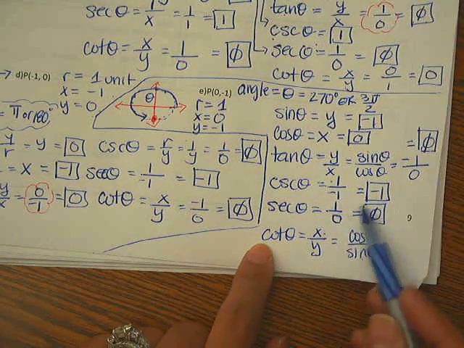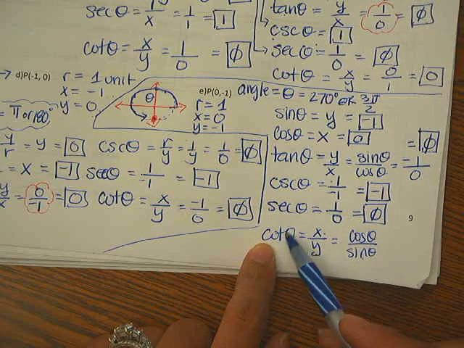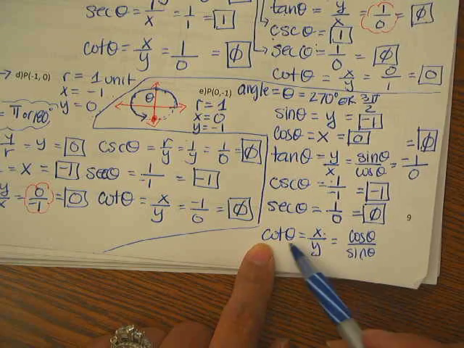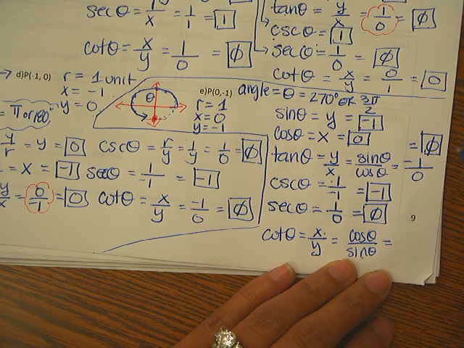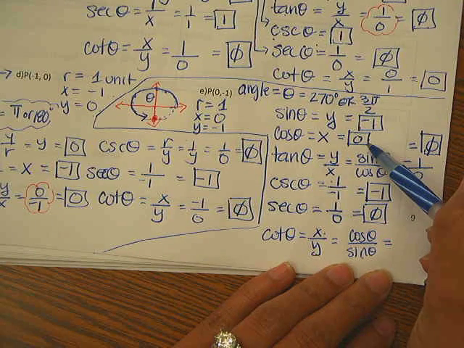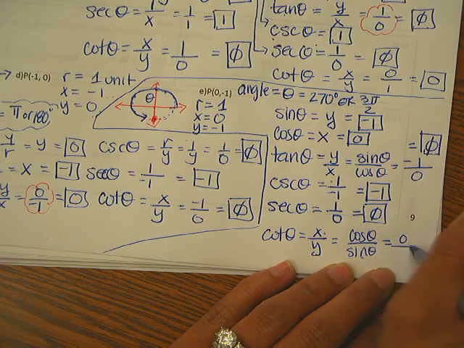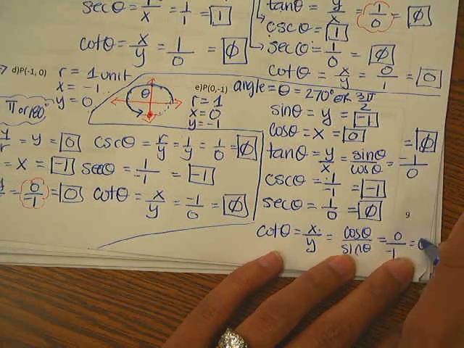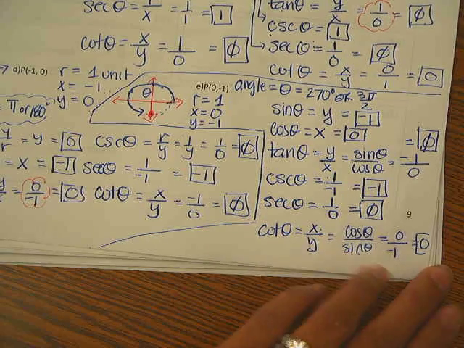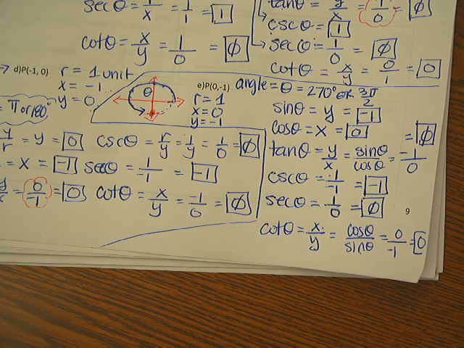If you don't have x and y and all you have is sine and cosine, you can find cotangent easily. So cotangent is cosine divided by sine. Cosine is going to be x, which is 0. Sine is going to be y, which is -1, so you do have an answer of 0. Barely made it. So those are our 6 trigonometric functions.